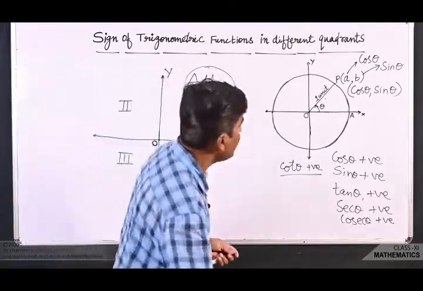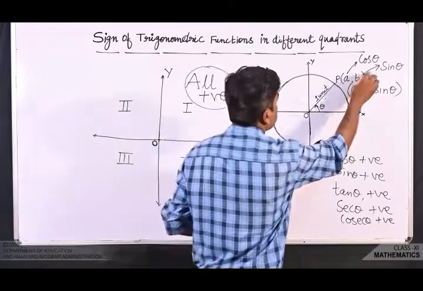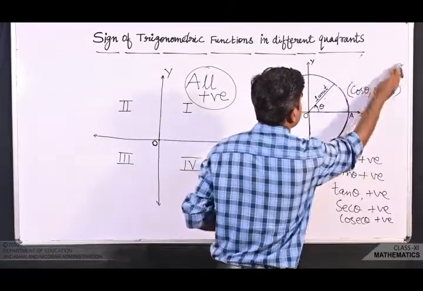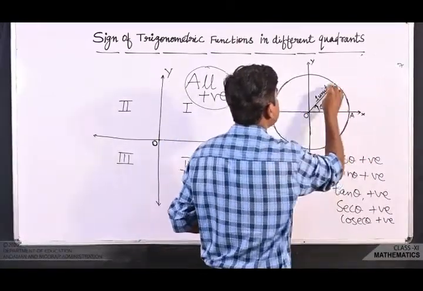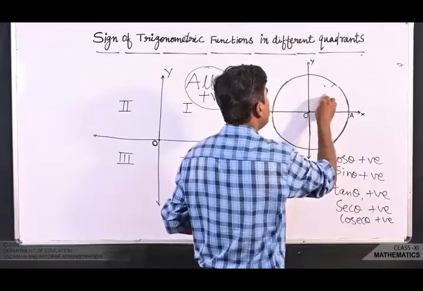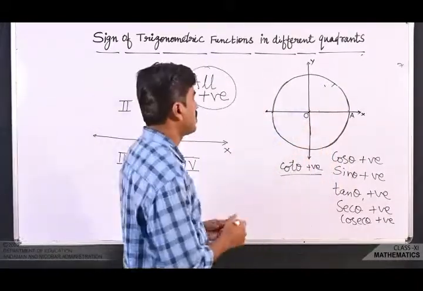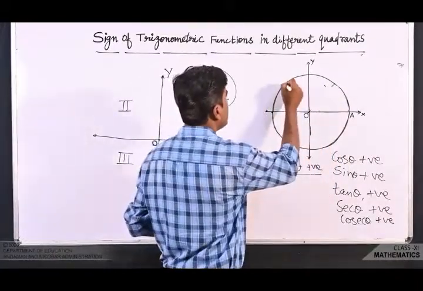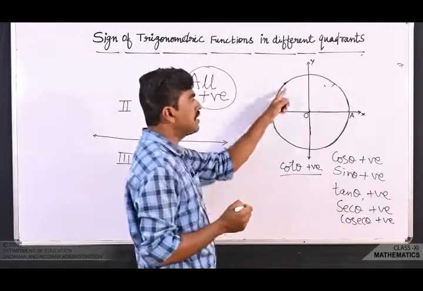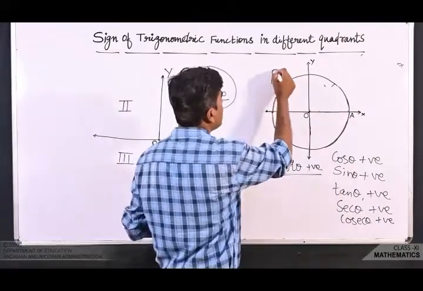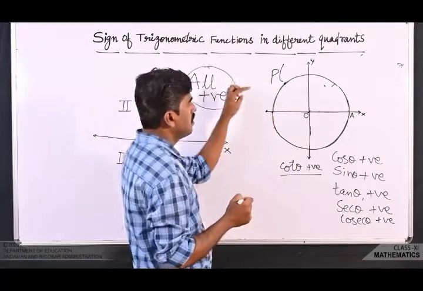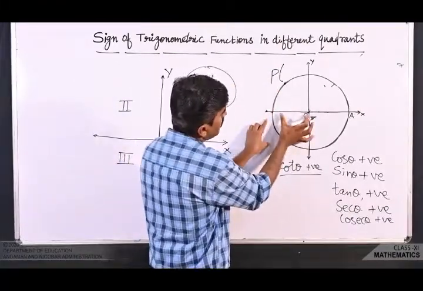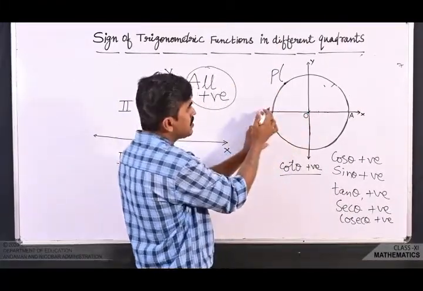Now, if we take the point P, A, B in the second quadrant on this circle, we know that the x-coordinate of the point P is on the negative side of the x-axis.